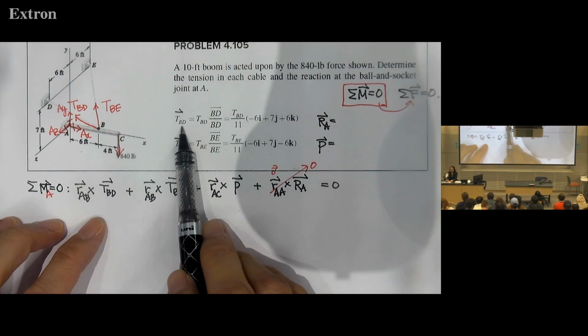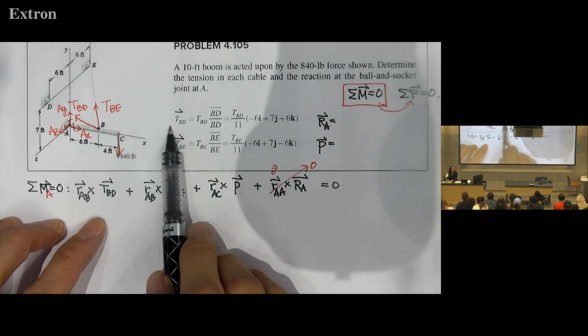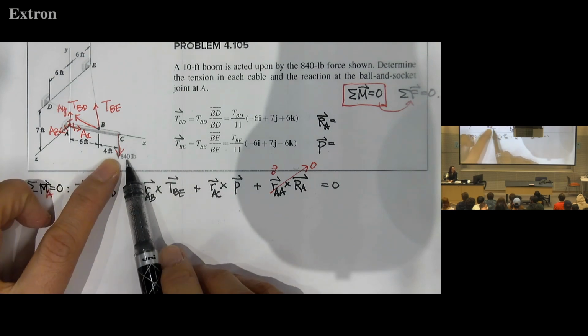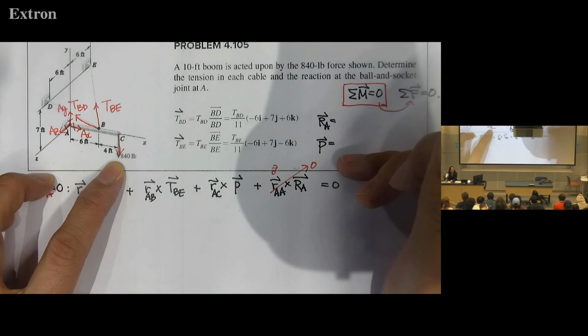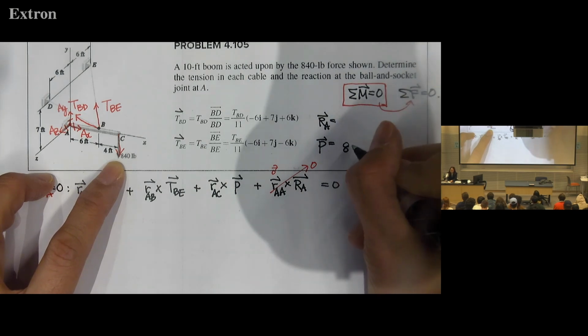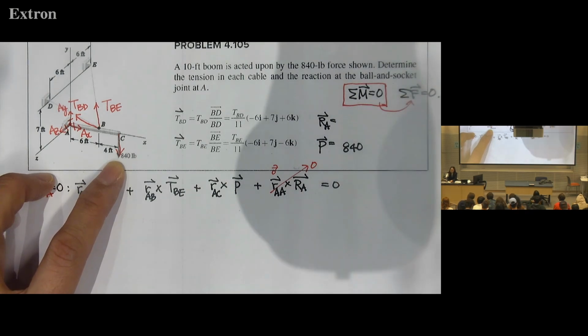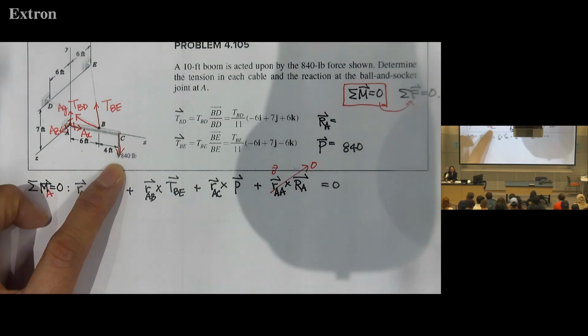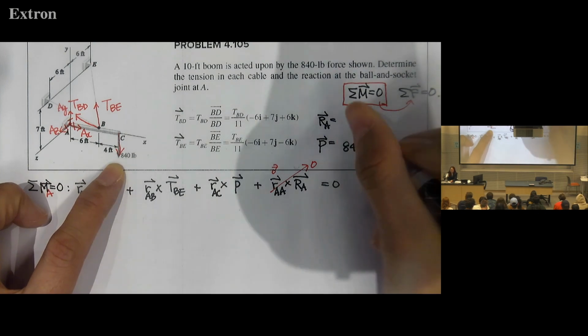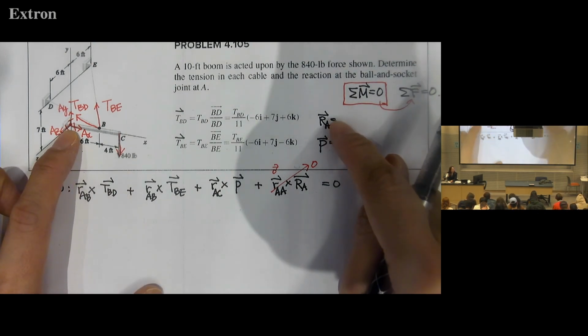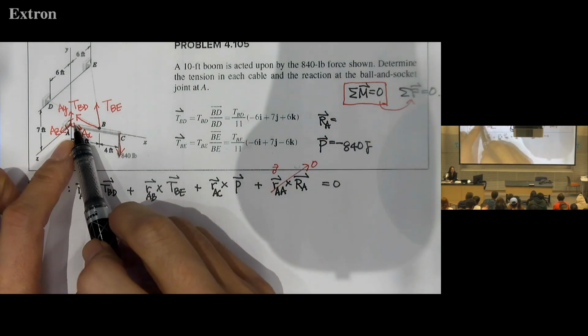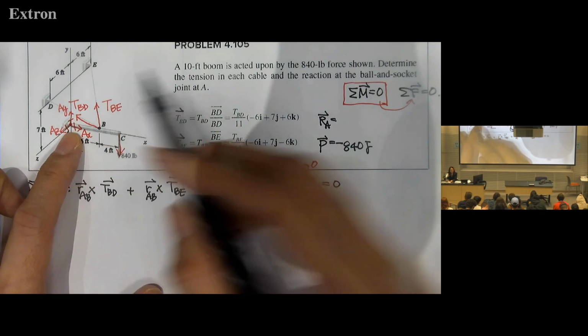Here, the 3D force vectors for the 2 cables are given. And what about the external force here, 840? Its magnitude is 840 pounds. What is the direction vector for this? Downward, negative J, right? And then RA is the reaction at A, and we have 3 components, AX, AY, and AZ.